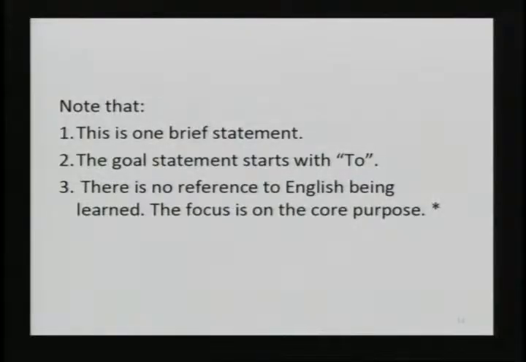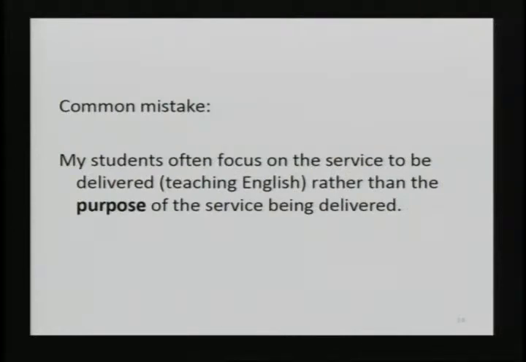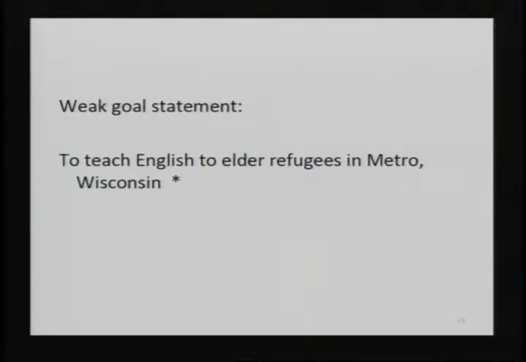So let's continue. A common mistake that my students oftentimes experience is that they focus on the service to be delivered, in this case teaching English, rather than what I call the deeper purpose of the service being delivered. Here's an example of a weak goal statement: to teach English to elder refugees in Metro Wisconsin.